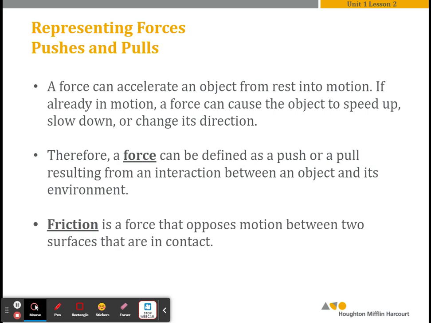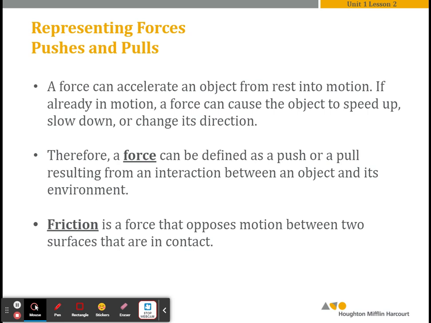One kind of force is friction. Friction is a force that always opposes motion. So it will either stop something from moving. The reason things don't go sliding all over the place is because there's friction between the floor or the ground and that object. That's why you're able to stand on your feet, because there's friction between your feet and the ground.